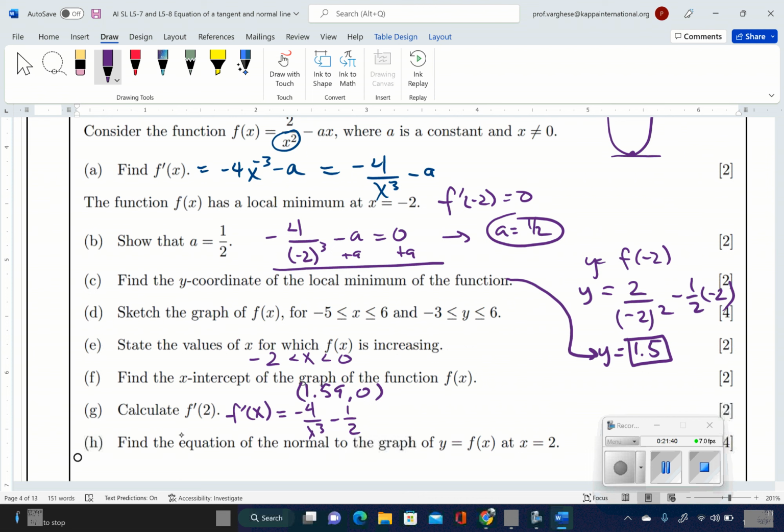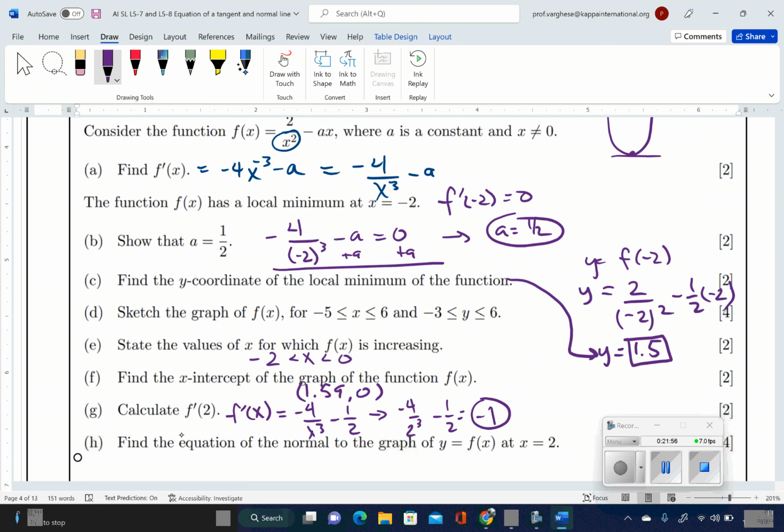So I'm plugging in 2 here. So this is going to equal -4 over 2 to the third power minus 1/2. Take that, plug that into the calculator, and you're going to get -1. You can plug that into the calculator.